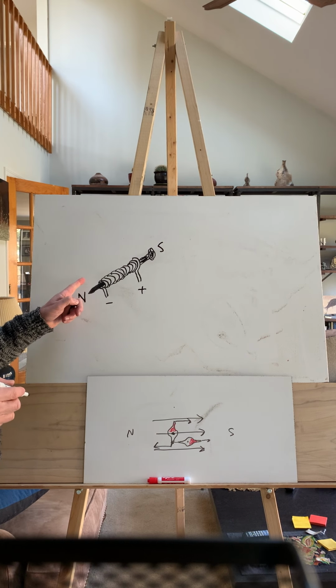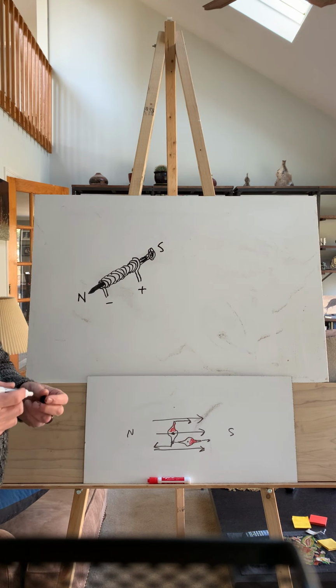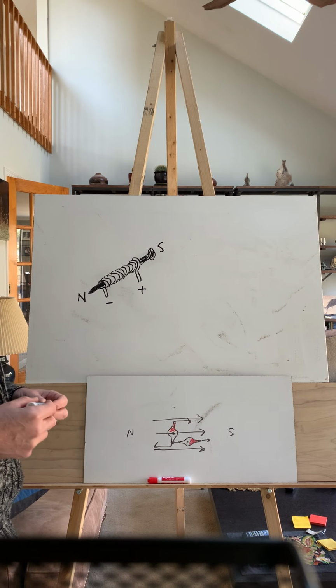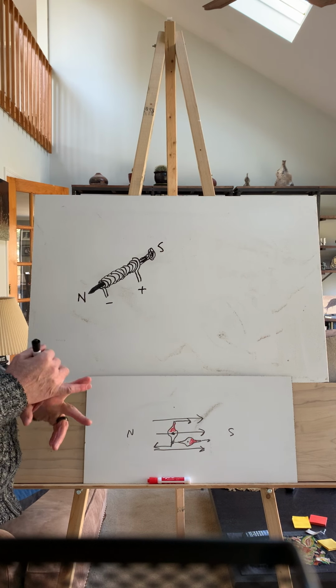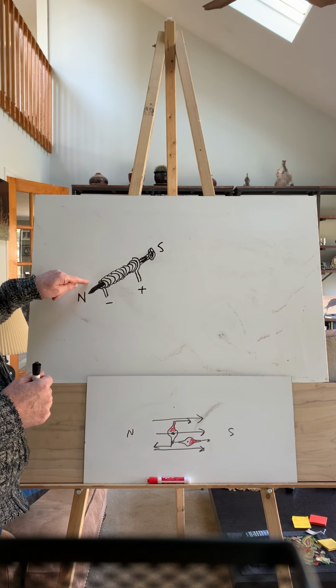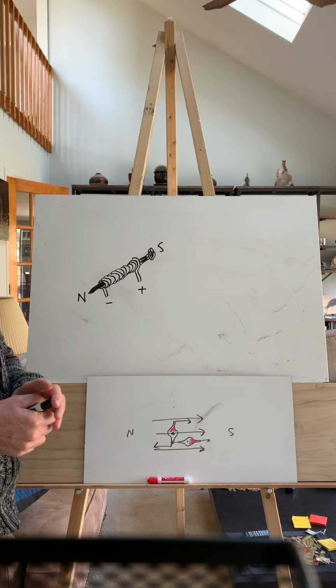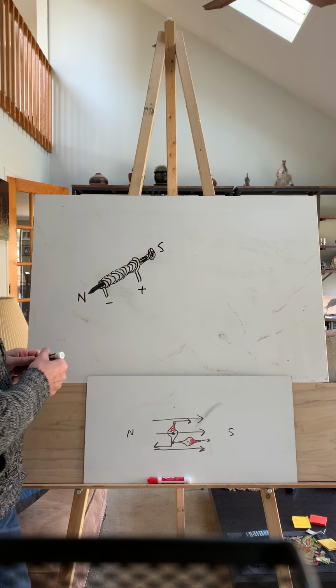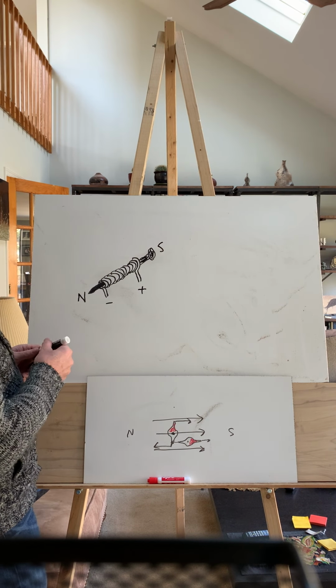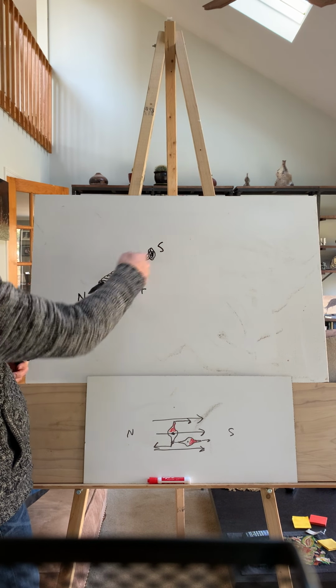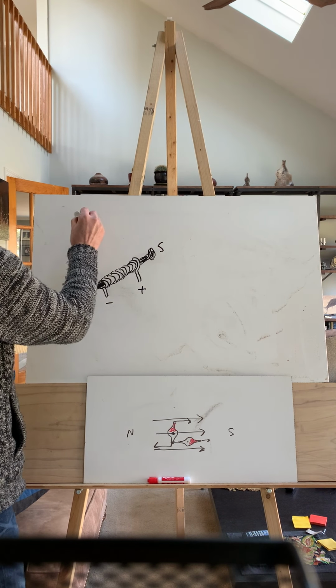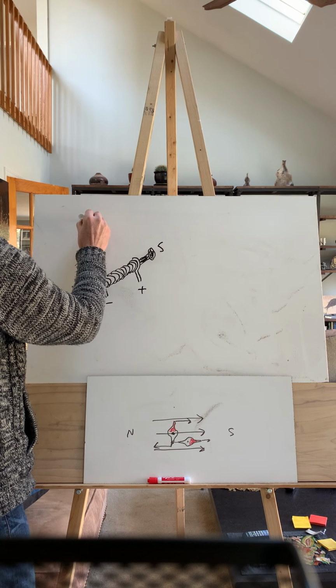Now, if we further insert an iron core, a ferromagnetic core inside of this, we can get a field that's hundreds of times stronger. That has something to do with the permeability of free space being very low, but the permeability of a ferromagnetic material being pretty high. And so when we get this whole setup together with the coils of wire, the solenoid, and the ferromagnetic core, we call that an electromagnet.